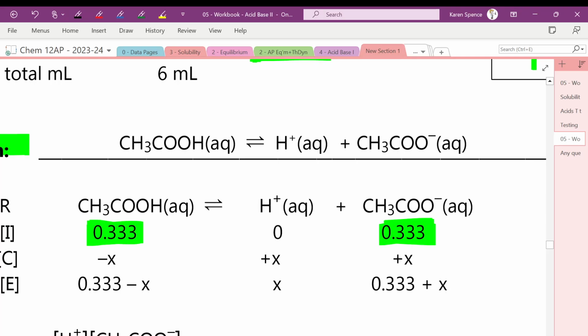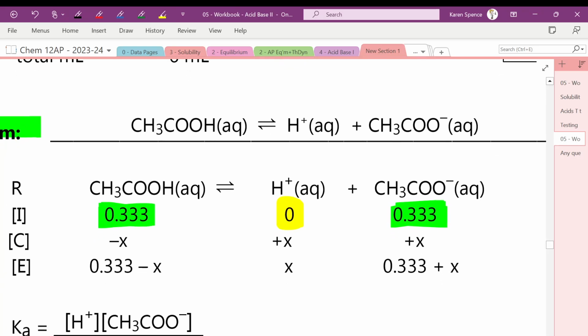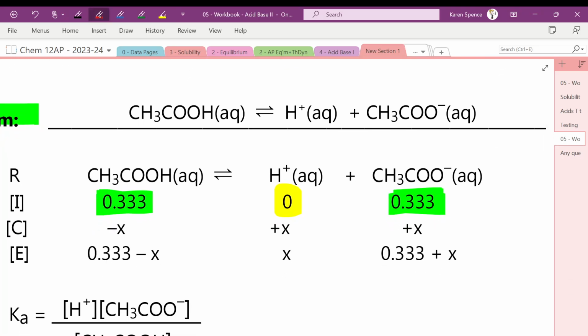Molarities of those are the same, but hydrogen starts at how much? 0, because if I don't actually mention it at the beginning, we just assume that it is 0 to start with, and we'll end up with some at the end. And then, of course, this is all 1 to 1 to 1. So we have minus x, plus x, plus x.